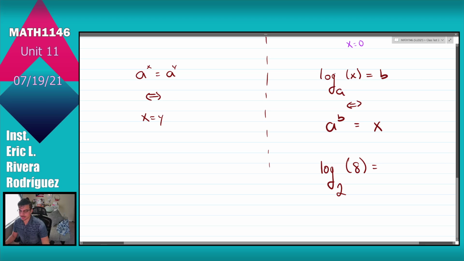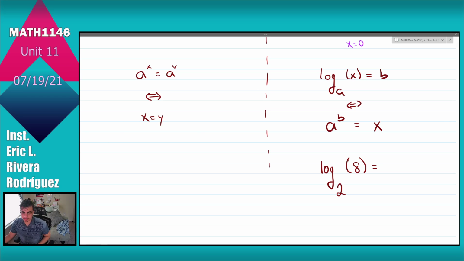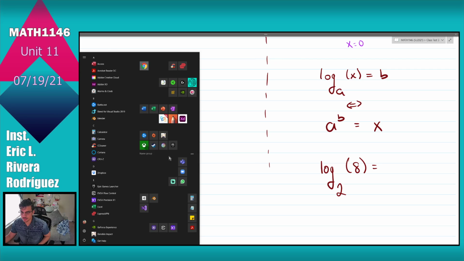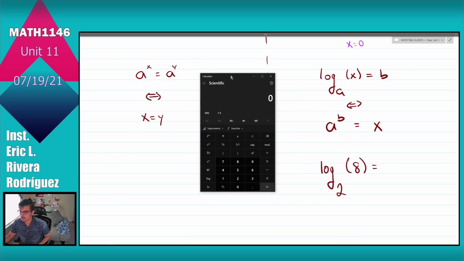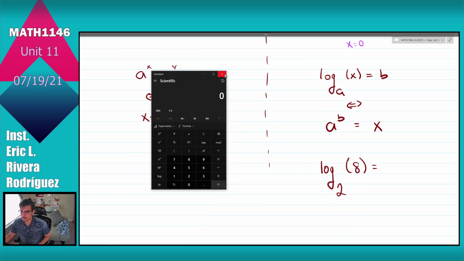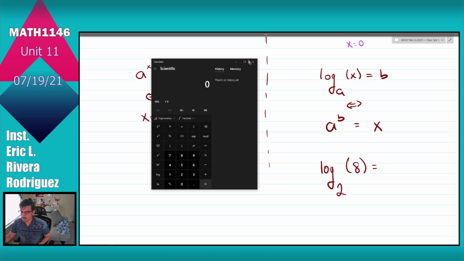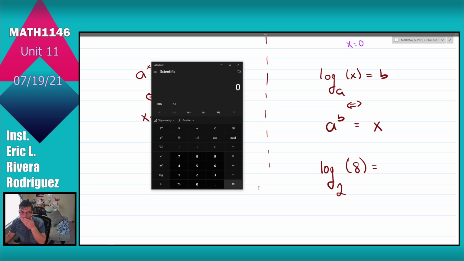Check that again. Let's go to our calculator. It's 3. I believe not all calculators have the ability to put 2 as the base.